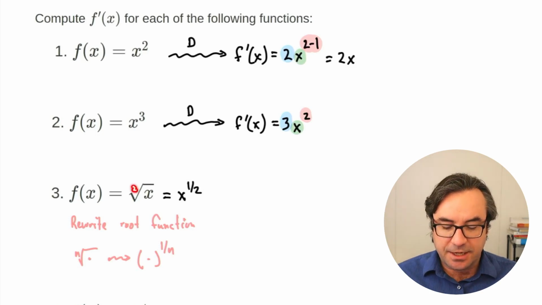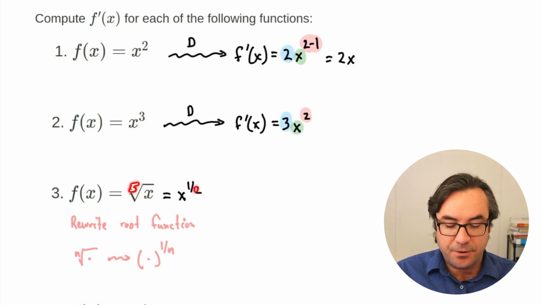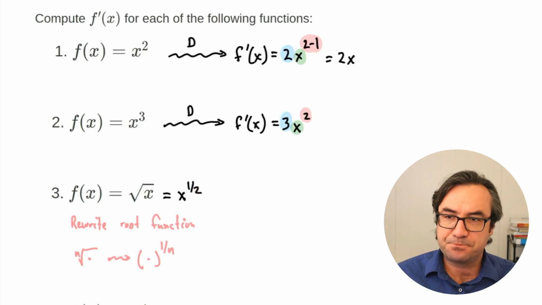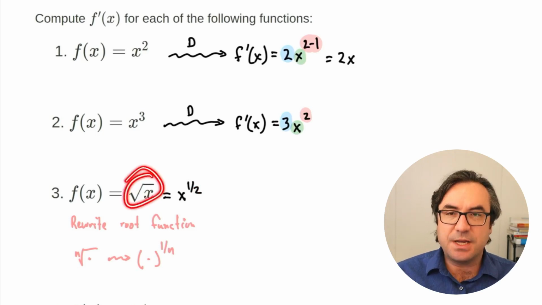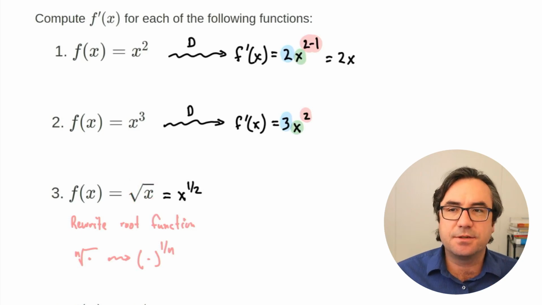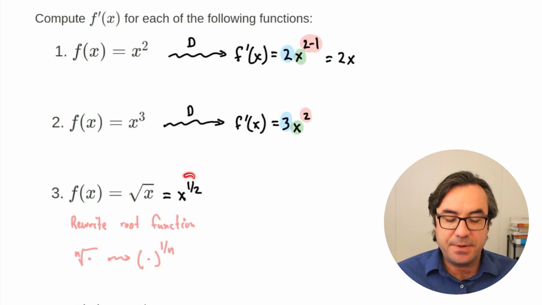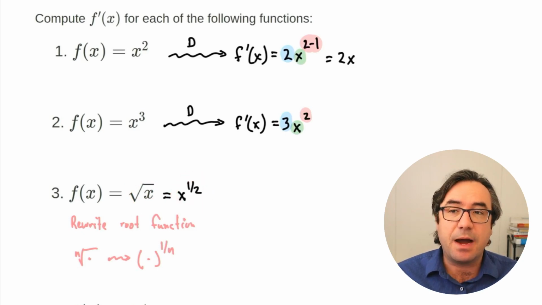So technically, there's like a little 2 there. But if we had the 4th root, well, then it would be 1 over 4. If it was the 5th root, well, then it would be x to the 1 over 5. So this is going to be something that we see. Having the root function kind of looks nice, and it's easier to understand what's going on. But being able to differentiate is going to be easier with this written as a power function.